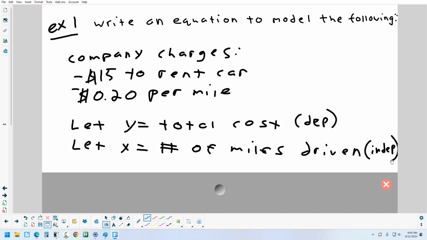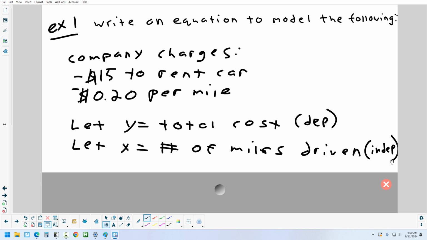Cost is dependent on miles driven, not the other way around. You wouldn't say the miles you drive depends on the cost. If you need to rent a car and go somewhere, you're going to drive however far you need to drive, and the cost is going to be whatever it comes out to. So the cost is dependent on the miles.